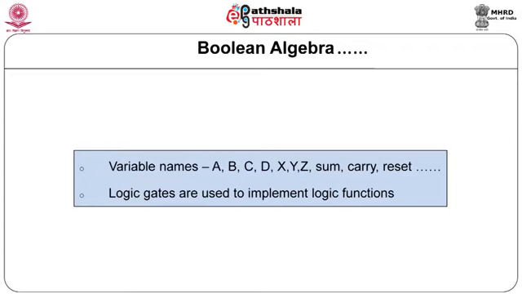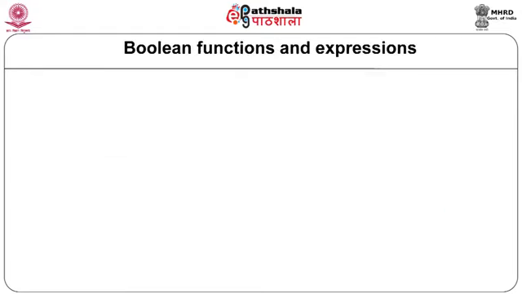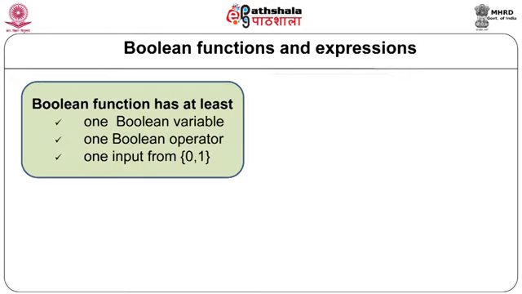The three basic operators provide logic functions using AND gate, OR gate and NOT gate. Variables and complements are the terms used in Boolean algebra. A Boolean function has at least a variable and an operator.